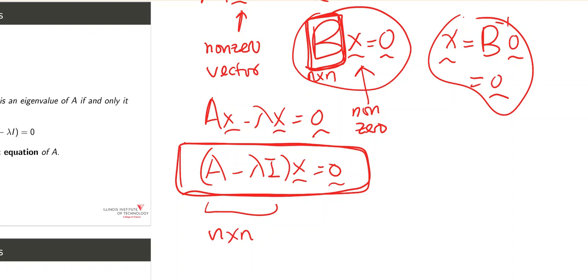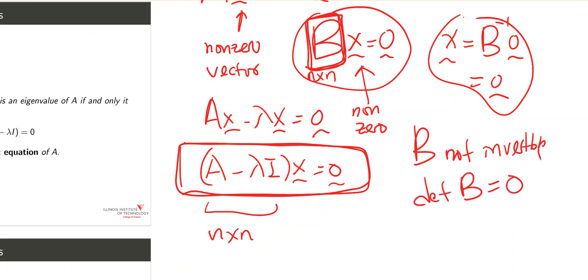So in order to make sure B is not invertible, we will have to make sure that the determinant of B is 0, because determinant of B equal to 0 will make B not invertible. Invertible will give x equal to 0. We want x to be non-zero, so we better make sure B is not invertible. And from the theorem, we know that a matrix is not invertible if and only if the determinant is 0.